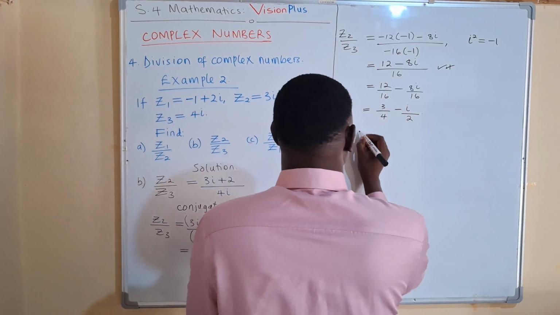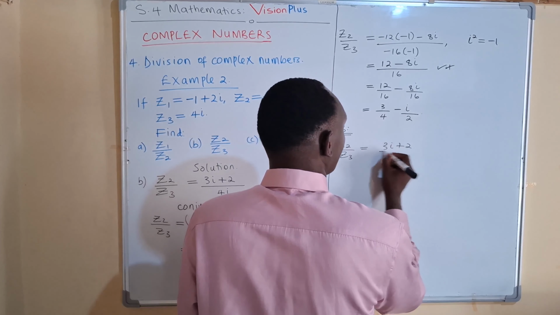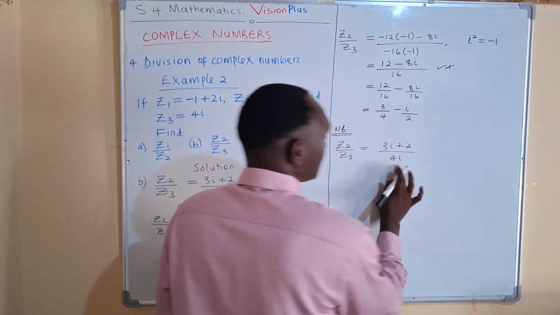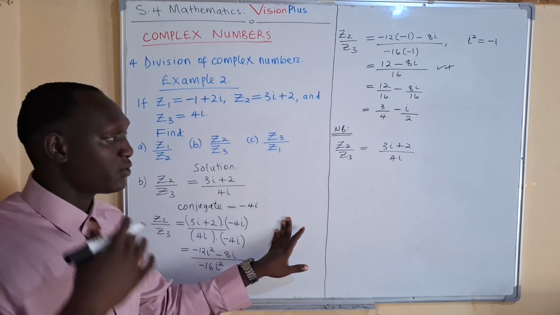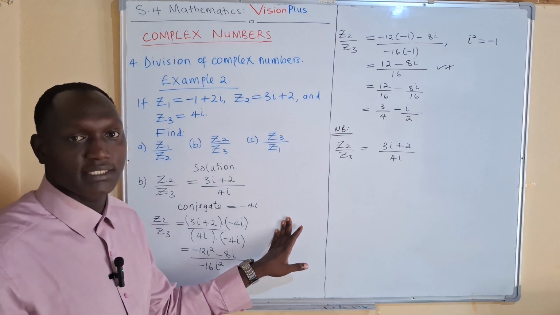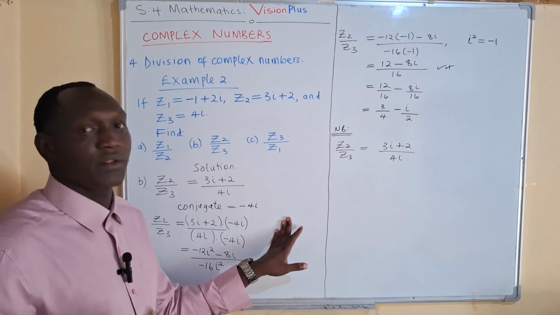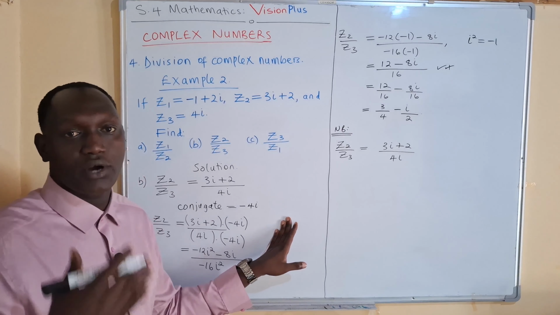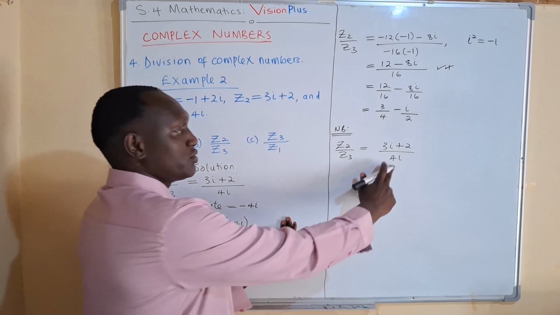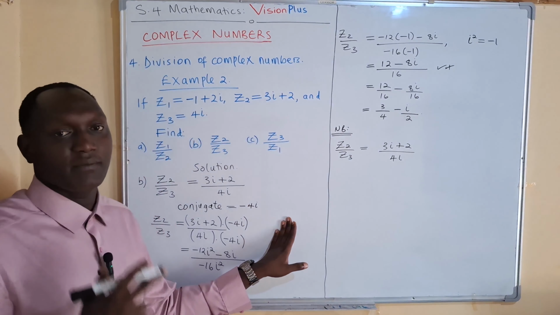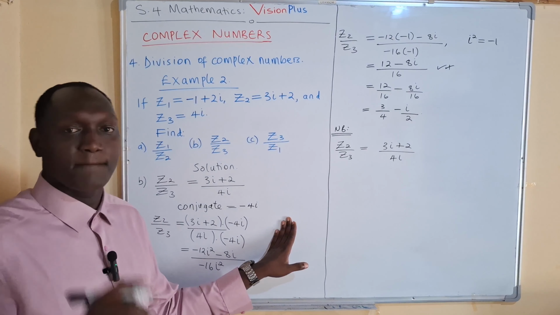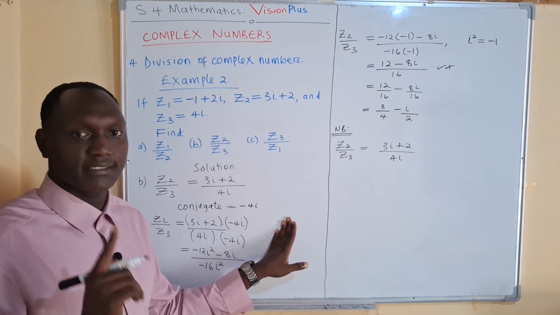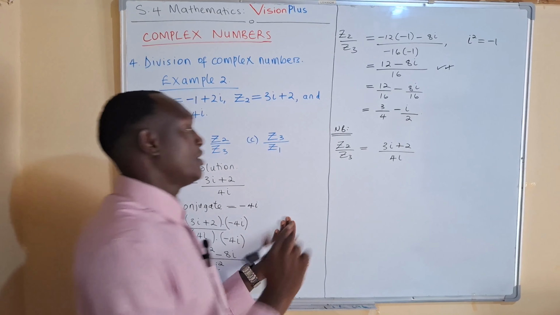If we go to have Z2 out of Z3 being equal to 3i plus 2 out of 4i, since here there is no real part, we could just go on and multiply both the numerator and the denominator by the denominator, no longer its conjugate. Why? Because we only have the imaginary part, there is no real part. But if there is a real part, you must get the conjugate.